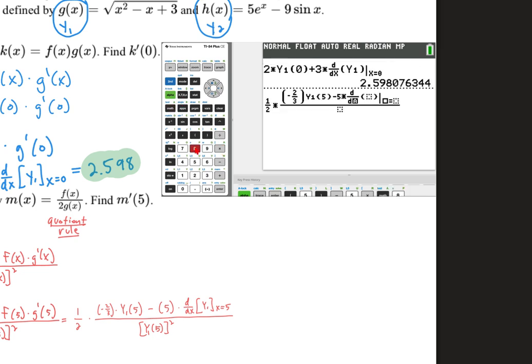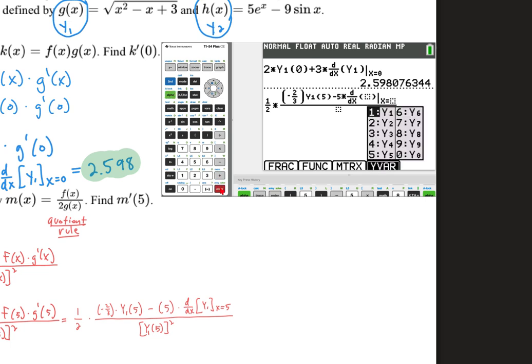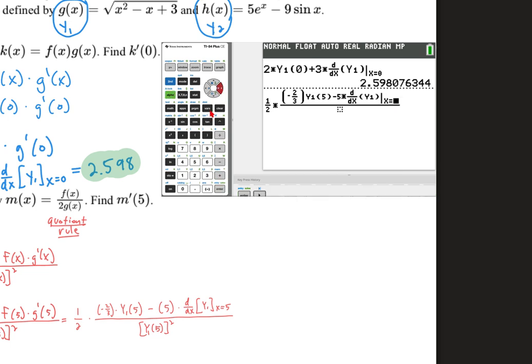So math 8, d dx, and then we'll do alpha trace, which will get us the y1 when we hit enter, and then we'll do that at x equals 5. And then the bottom we'll just square, so we'll do parentheses, and then y1 of 5, so we'll go back to alpha trace, enter, open parentheses 5, close parentheses, and then we'll square that, and that's it.